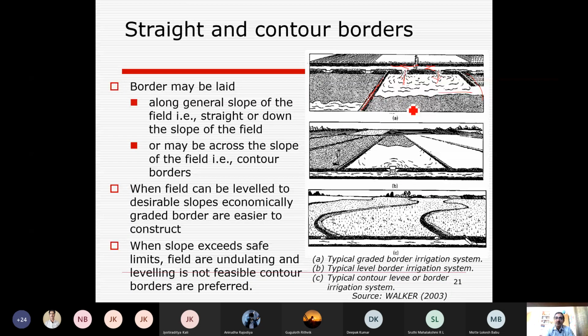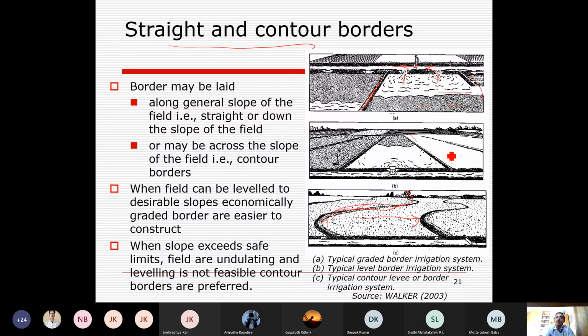So there are different types of borders: straight and contour. Here, contour. Why contour? Because there is a cross slope. So the area which is coming at the same level is covered by this ridge or border basically. You can see it is not a straight line, but here it is a straight line.